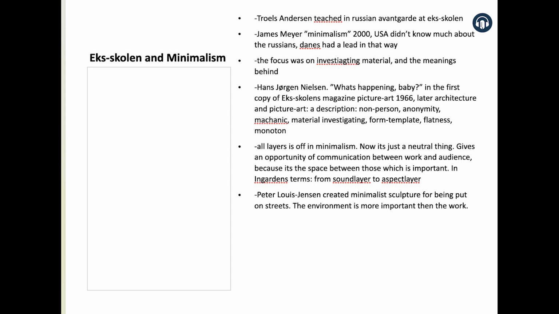Now it's just a neutral thing. It gives an opportunity for communication between work and audience, because the space between them is important. And Peter Louis Jensen created minimalist sculptures to be put on streets. The environment is more important than the work.